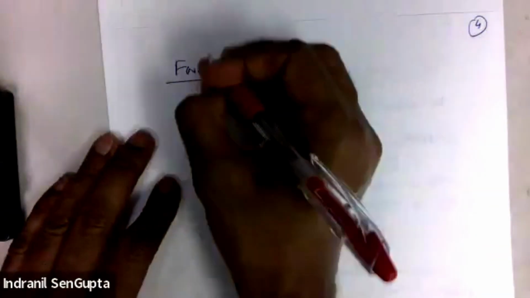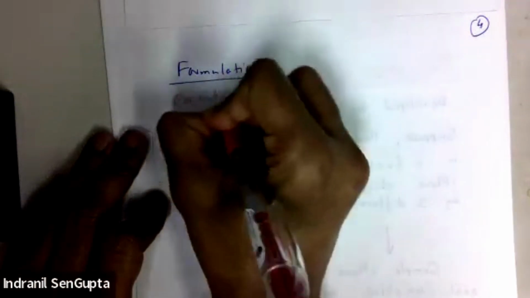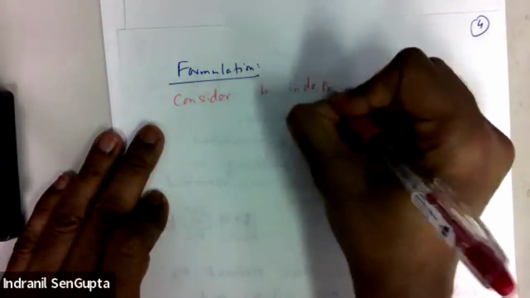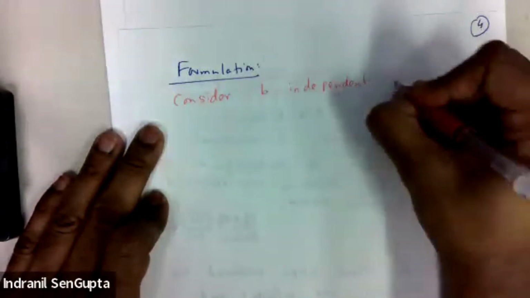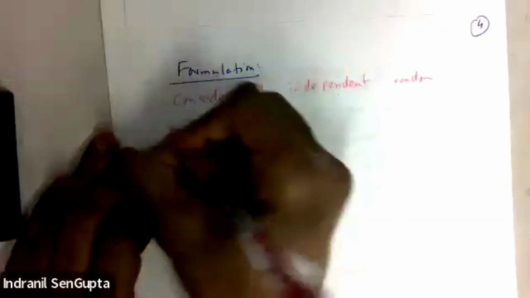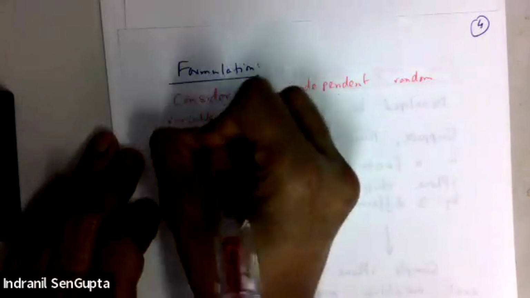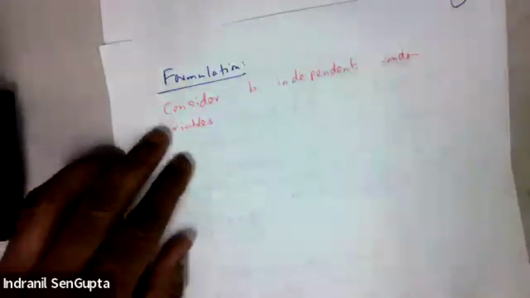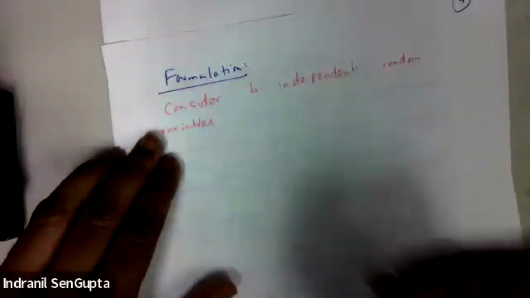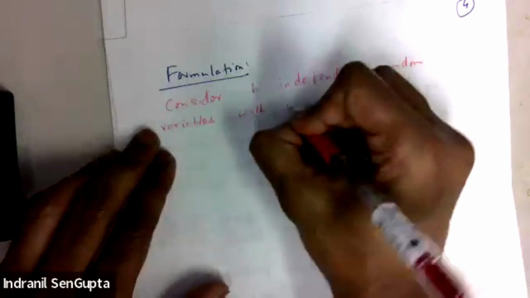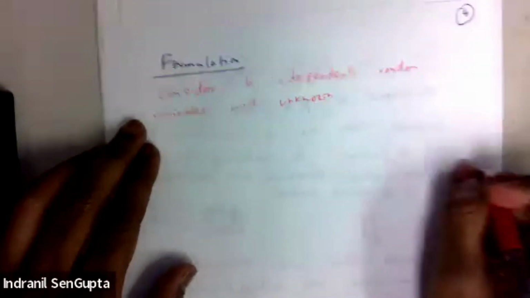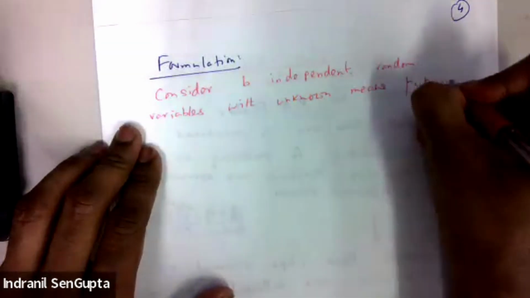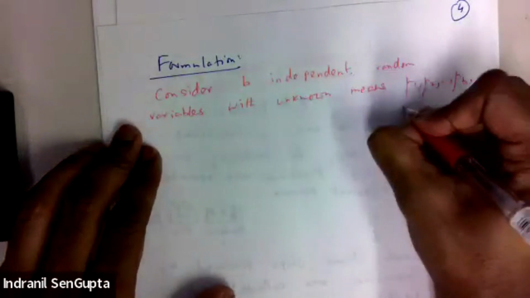So consider B number of independent random variables with unknown means mu1, mu2, mu sub b, respectively.